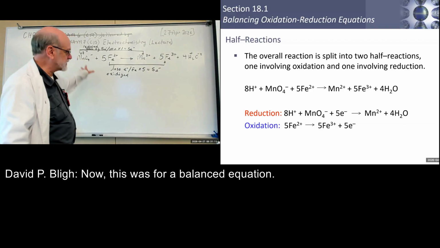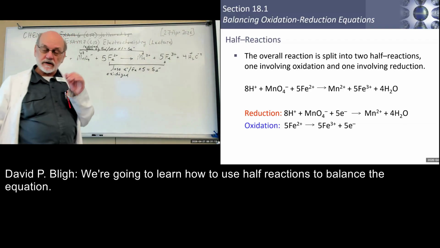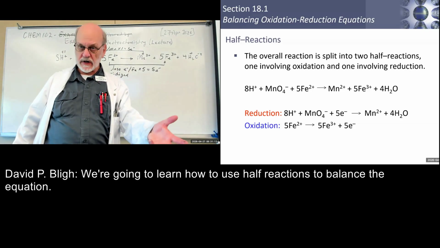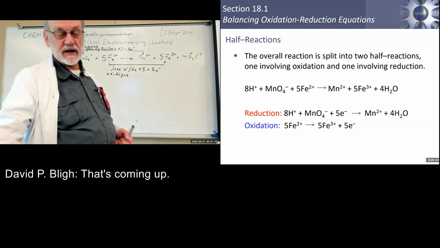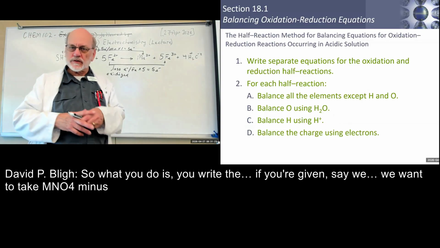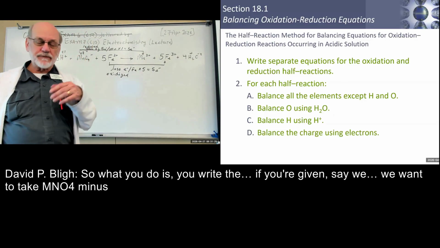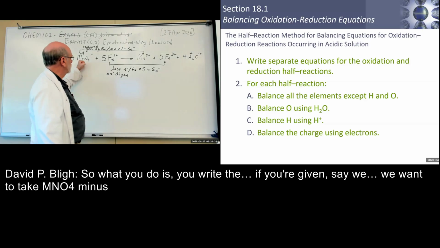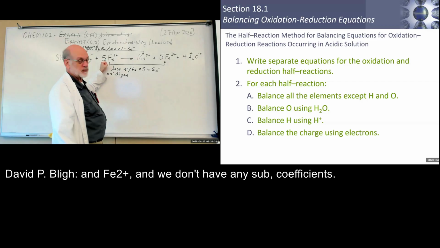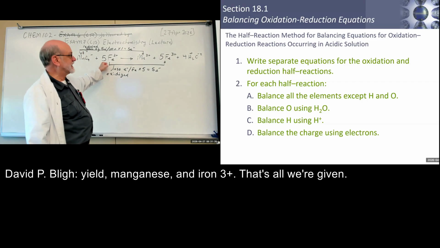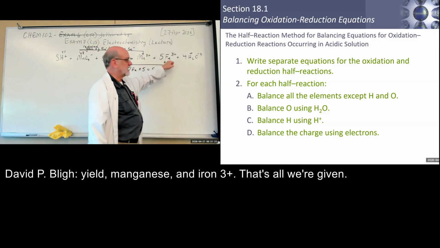Now, this was for a balanced equation. We're going to learn how to use half reactions to balance the equation. That's coming up. So say we want to take MnO4 minus and Fe2+, and we don't have any coefficients, yielding manganese and iron 3+.